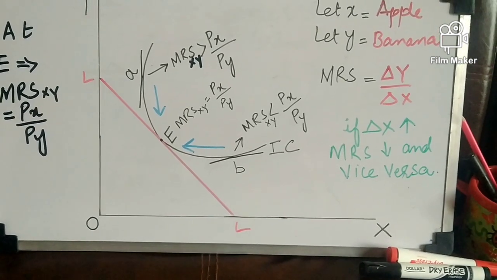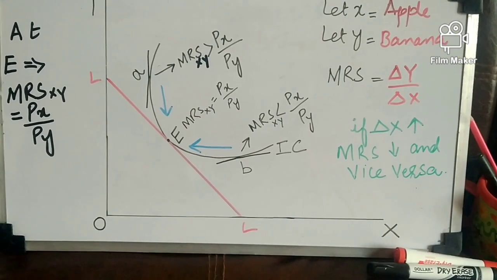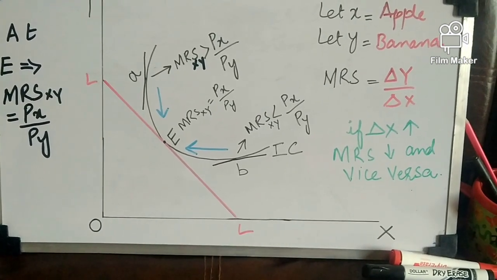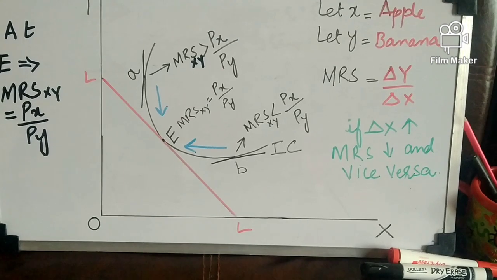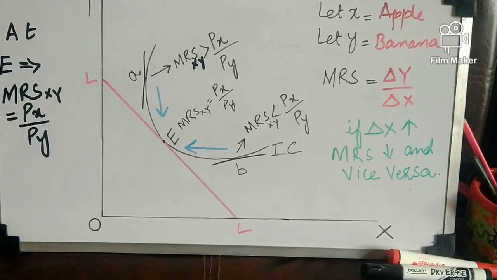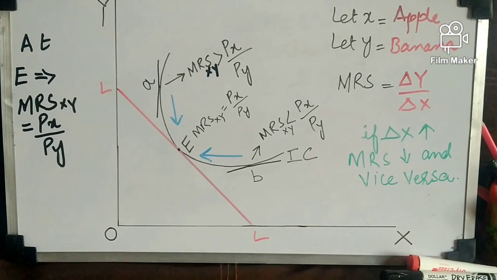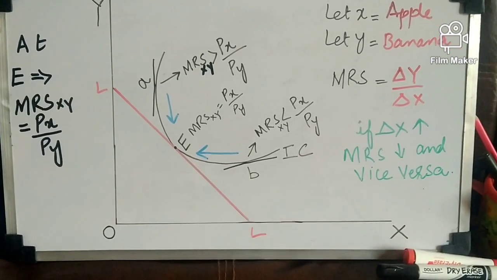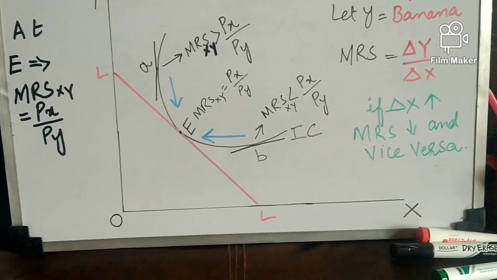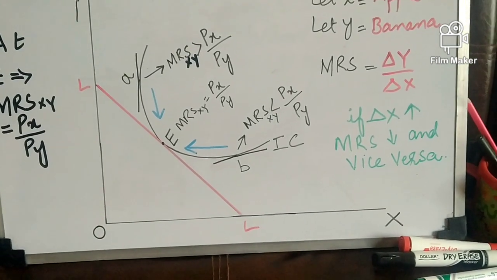When delta x is a greater number than delta y, the marginal rate of substitution will decrease, and when delta x is less than delta y, the marginal rate of substitution will increase. As all of you know, if in a fraction the denominator is smaller, the whole fraction will increase, and when the denominator is greater, the fraction will decrease.